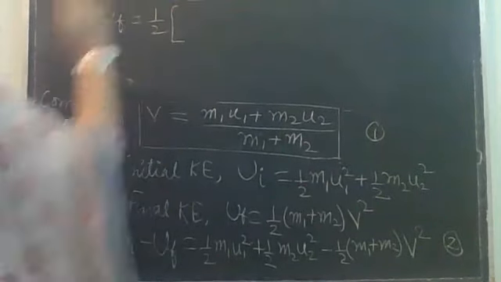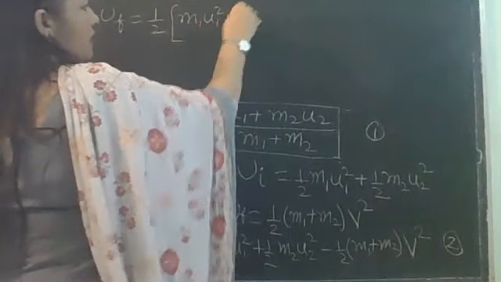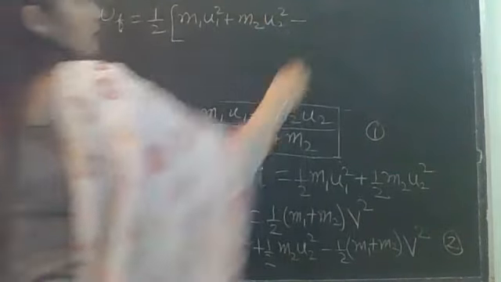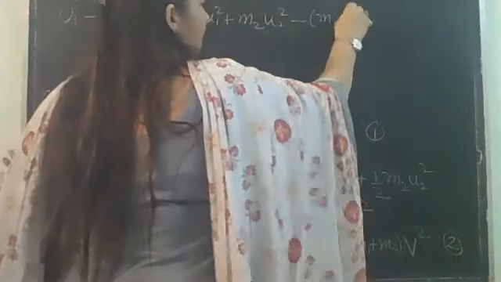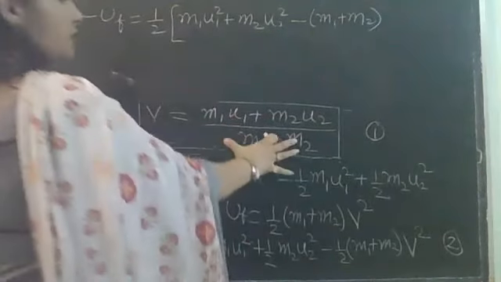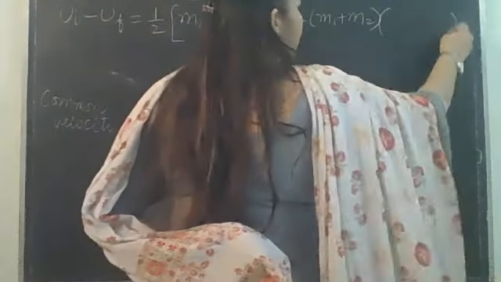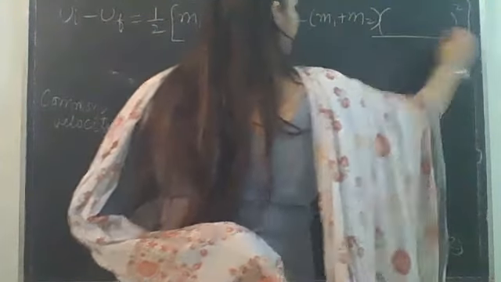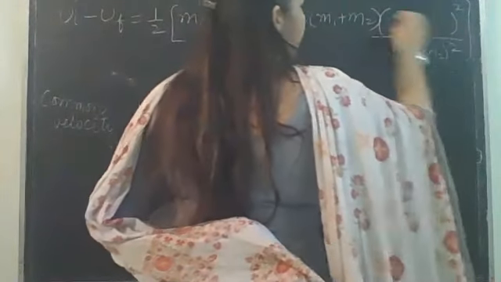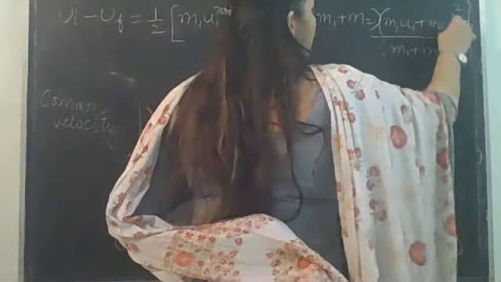Take half common out of the terms: m1 u1 square plus m2 u2 square minus m1 plus m2, half we have taken out, v square, common velocity square. So put this v here. After squaring it, m1 plus m2 square, m1 u1 plus m2 u2.